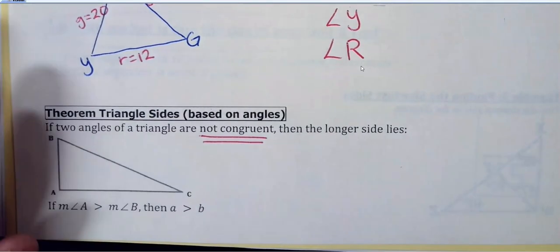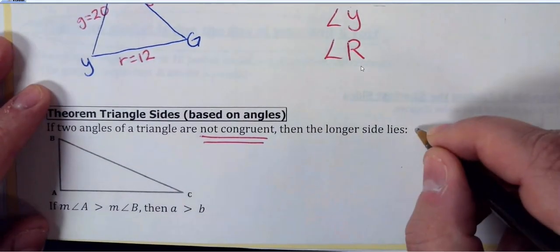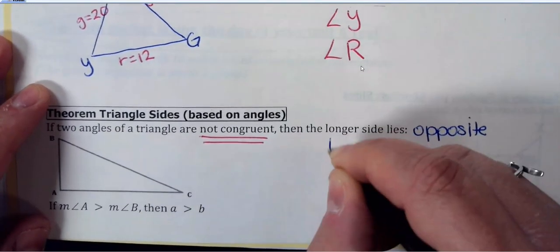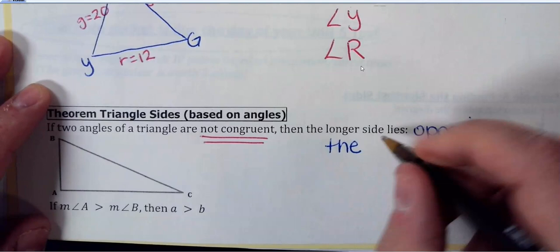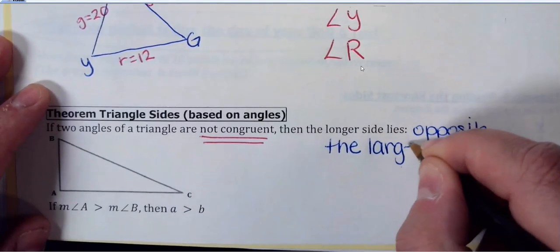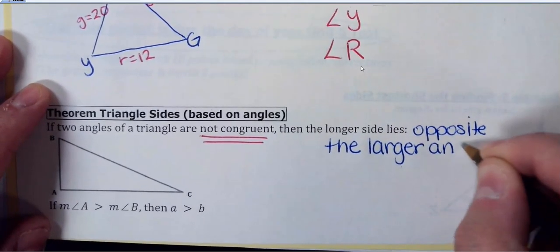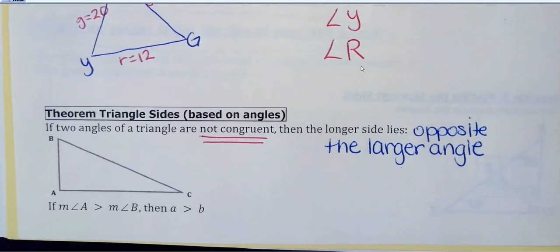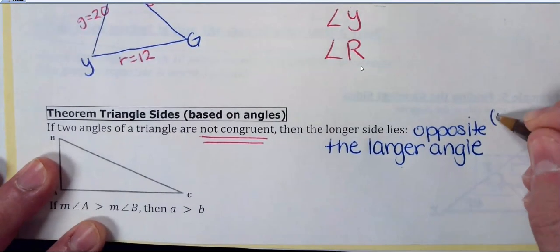This is going to say the longer side lies opposite the larger angle. This is very similar. We're just going to do sides instead of angles here. So the longer side is going to be across from the larger angle. So opposite.